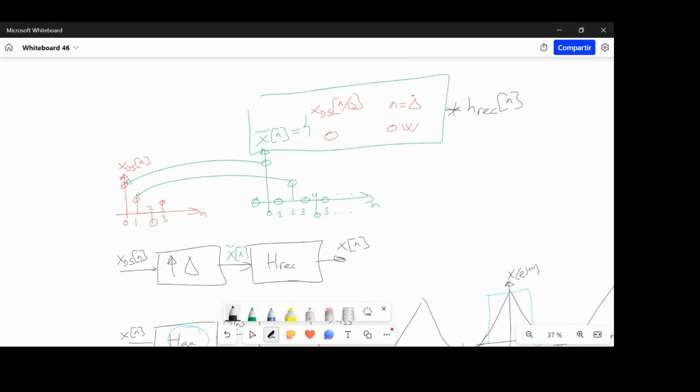Which reconstruction filter were you using so far? The sinc. We were using the sinc to reconstruct the signals. And here in this case, we are not using the sinc. We are using this. So when I convolve this signal with this signal, what I'm doing is simply copying one value and copying it.